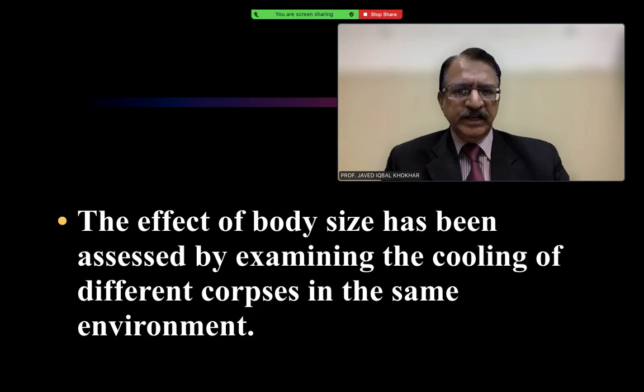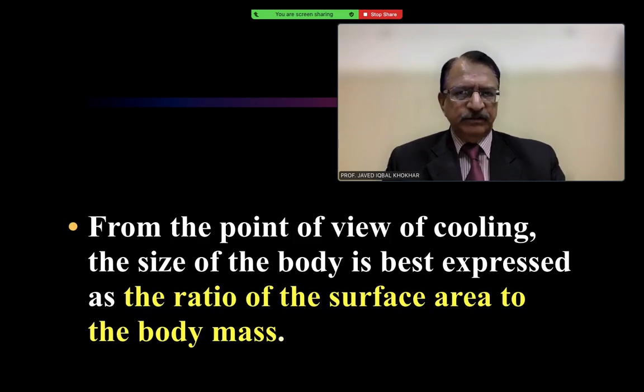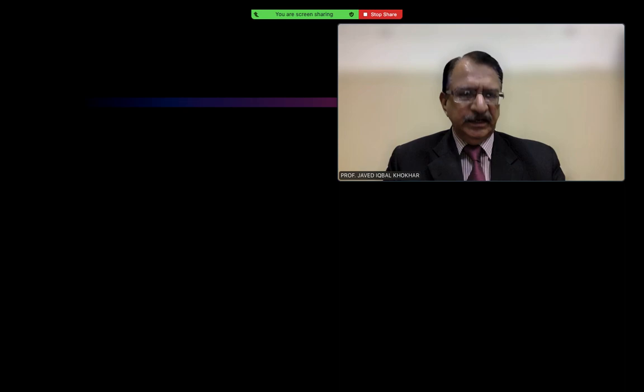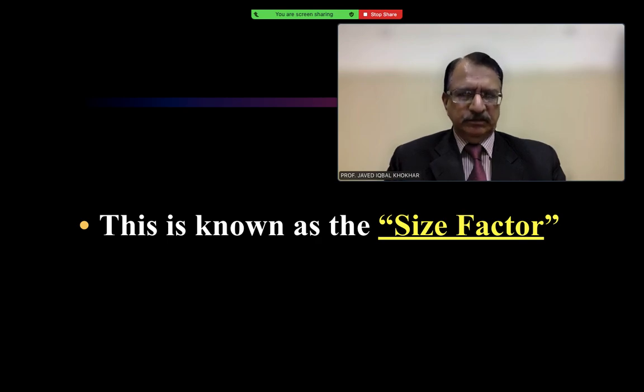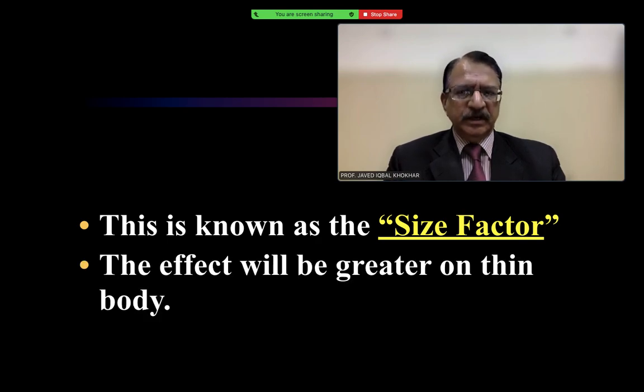Now the body size factor. This is usually assessed as the ratio between the surface area to body mass, and if it is more, then the nourishment is more and the loss is greater.